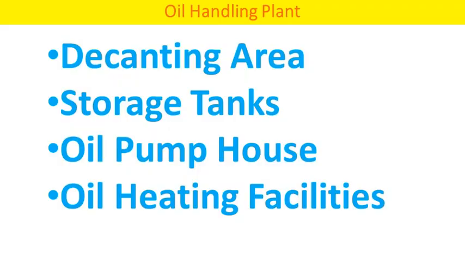In most coal-fired power stations, we are using coal as primary fuel, but to initiate combustion of coal, we require proper ignition temperature and support for sustainability of the flame.